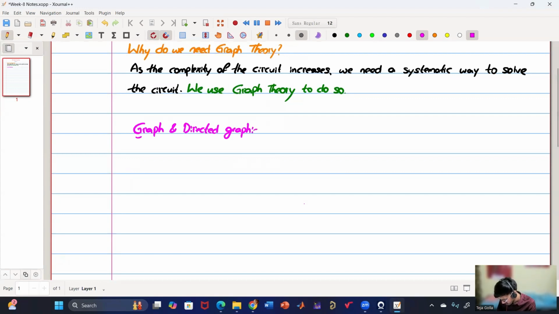So let me consider one circuit that sir has considered while teaching in his notes. Let me quickly draw that circuit.